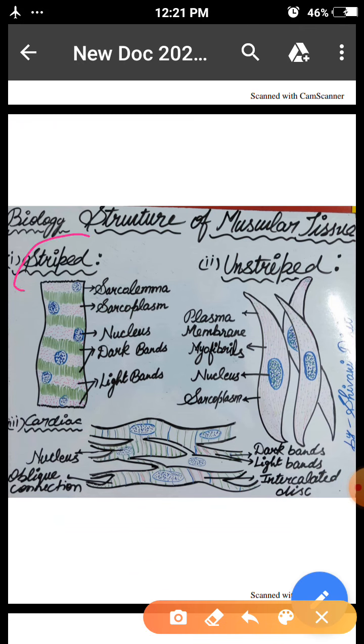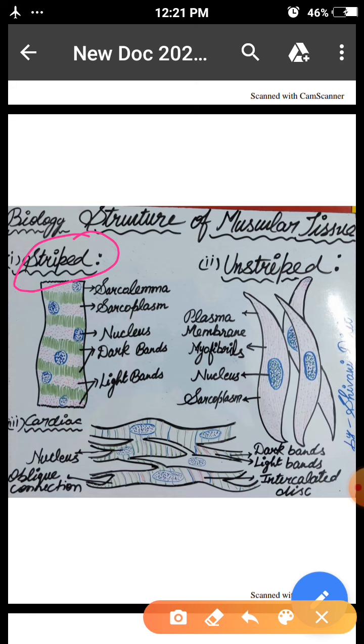See, this is striped or striated, also known as skeletal tissue. I have told you that these tissues are also known as voluntary tissues because they work by their will. Right?